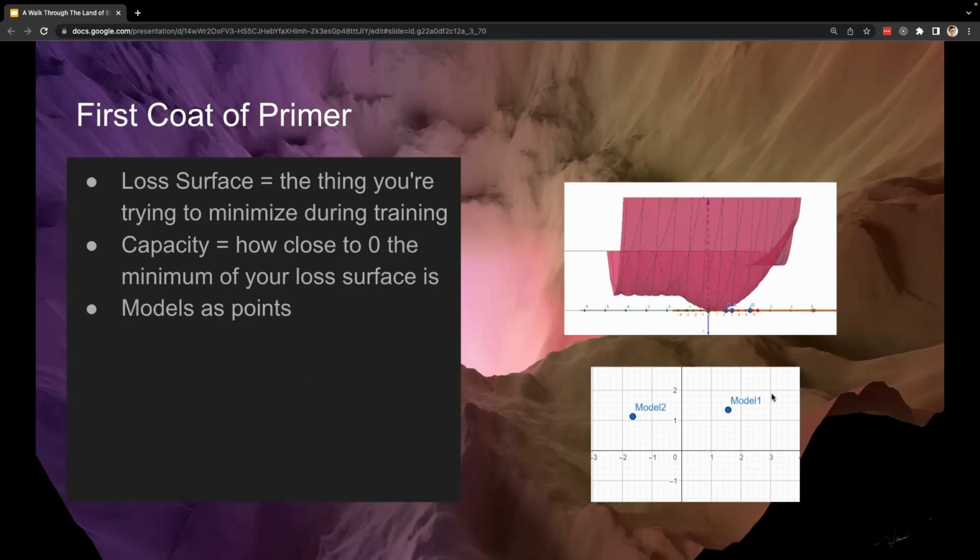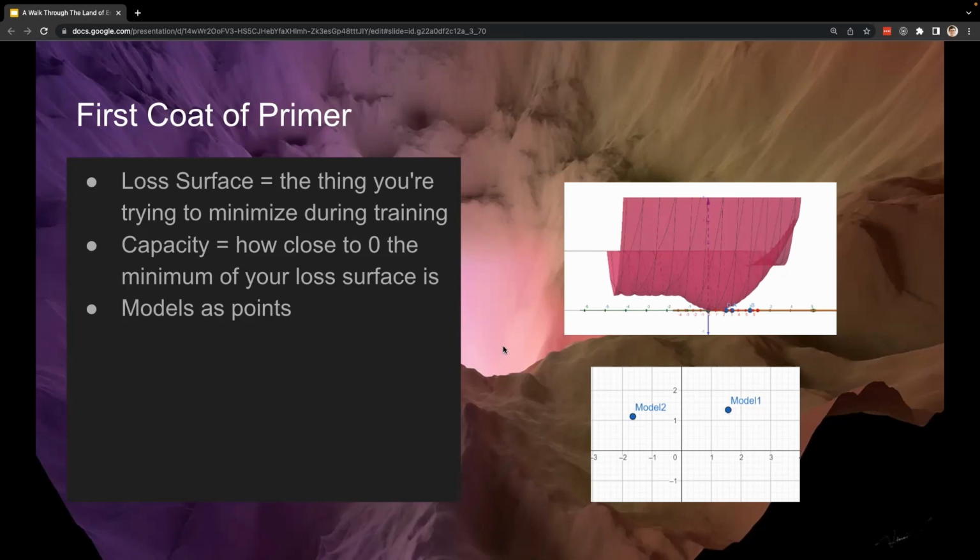If this little snippet here is in weight space, so the x direction is weight 1 and the y direction is weight 2, then a model is a point here. As you're trying to optimize, once you get to the argmin, the x and y of those weights is a model. So maybe this is the initialization point, and then you optimize and get here. Each point in weight space is a model.